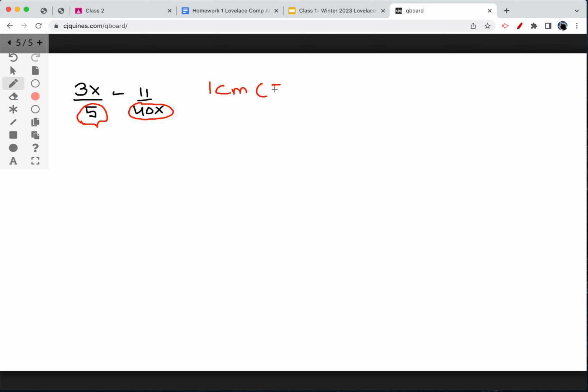The LCM of these two terms is just equal to 40x, since clearly 5 divides 40x. So basically we don't have to do anything to the second term. All we do is multiply the first term by 8x on the numerator and the denominator.